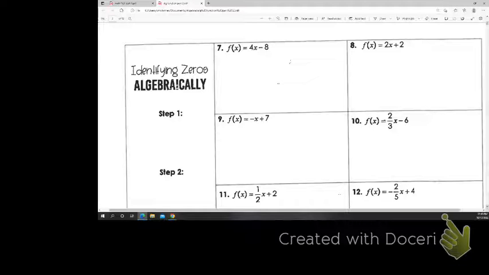So step 1, we're going to replace or substitute f of x with 0. And then we're going to solve for x.